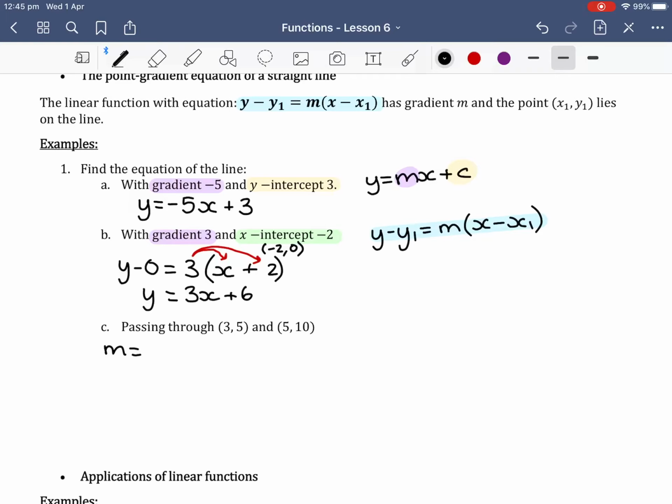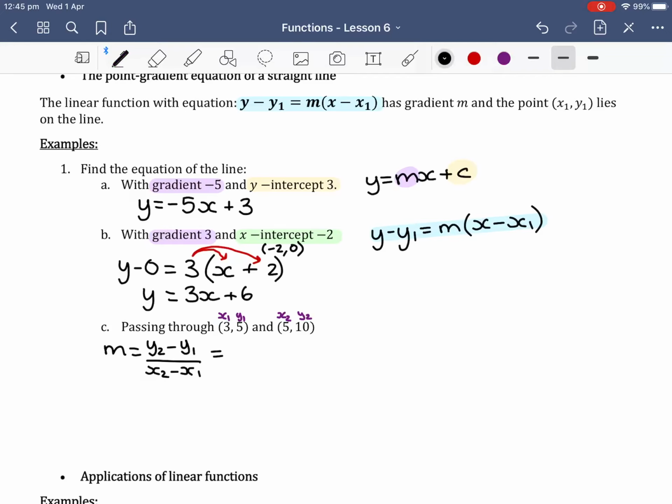So looking back at last lesson, we found out that we can find our gradient using the formula m equals y2 minus y1 over x2 minus x1, where we sub in our points into this formula. So if we look at our points, what we have is 3, 5, which we're going to call x1, y1, and we have 5, 10, so it's going to be x2, y2.